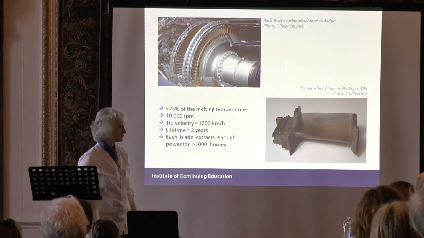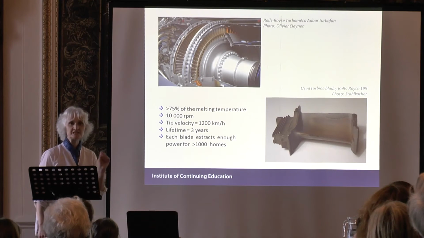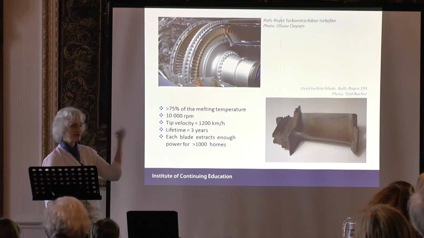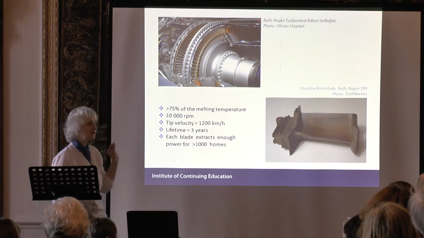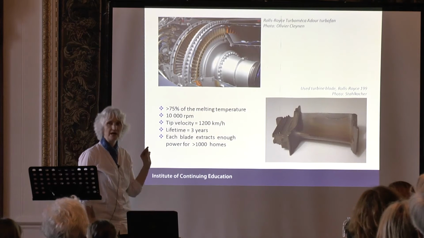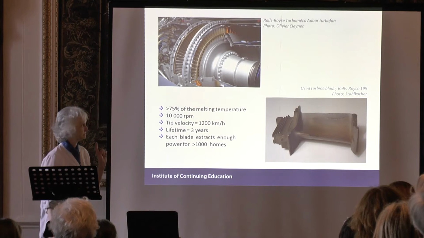They last about 3 years, and while they're in service, each individual blade, as it's operating in this engine, is extracting almost enough power to power 1,000 of our homes, each blade.